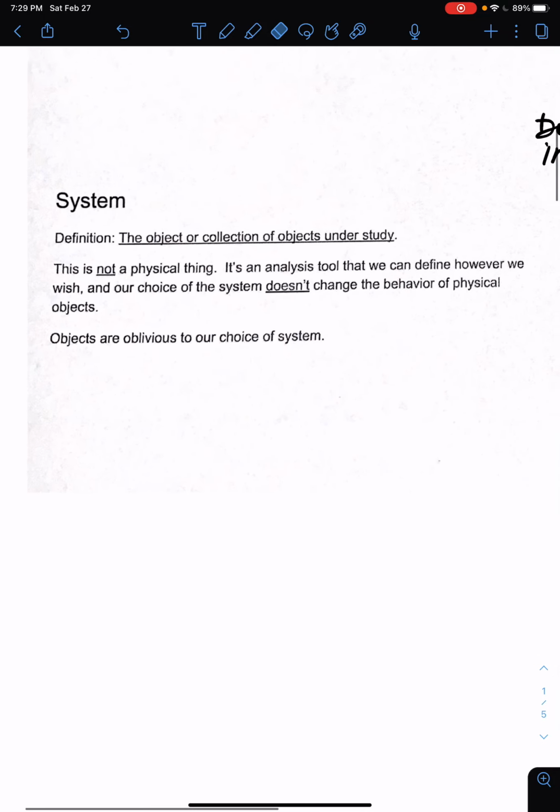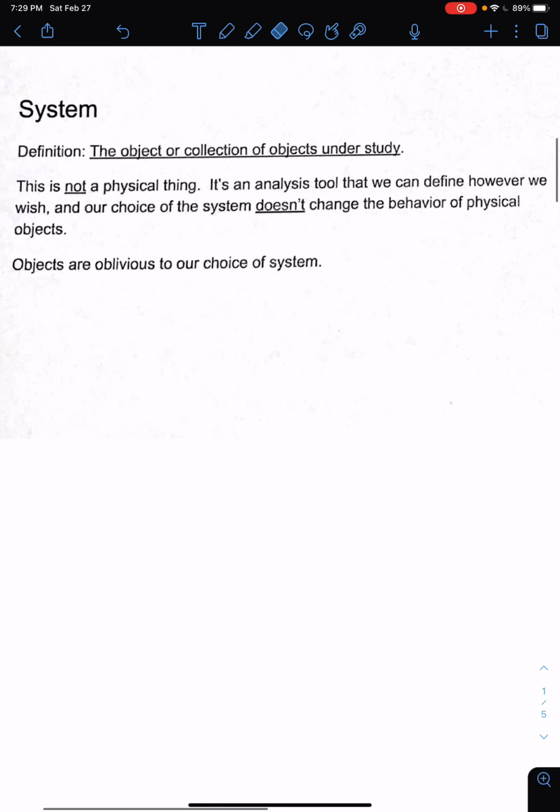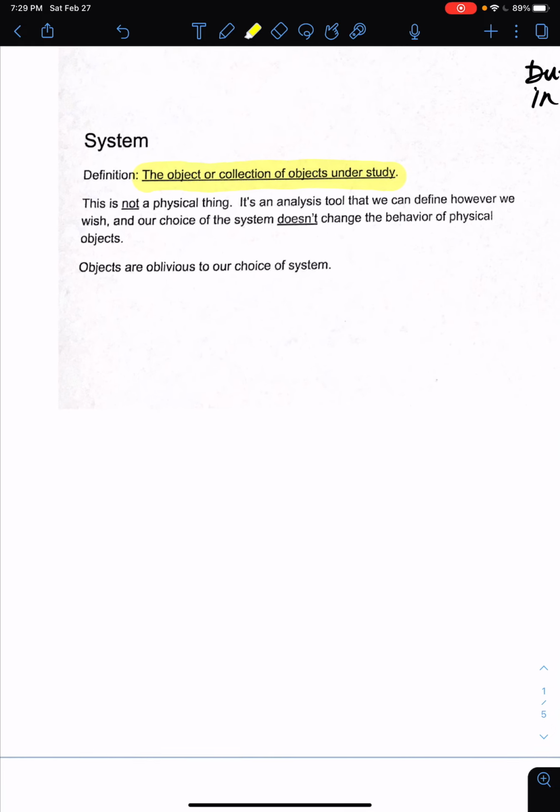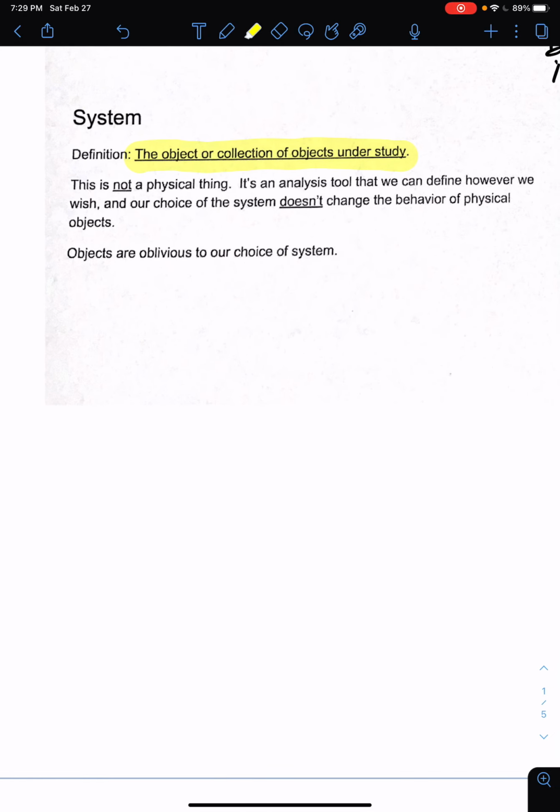A system, the way we can define a system is the object or collection of objects under study. So it's whatever we're interested in, right? The idea is that things are going to be in the system or out of the system. Before I even mention that, it's important to understand that it's not a physical thing.